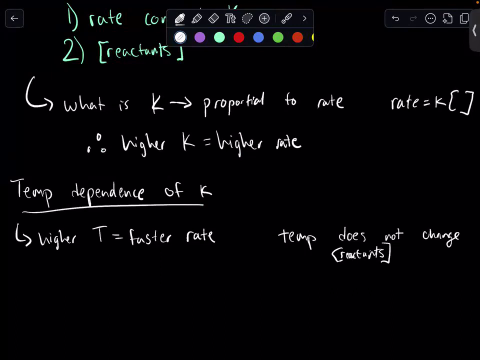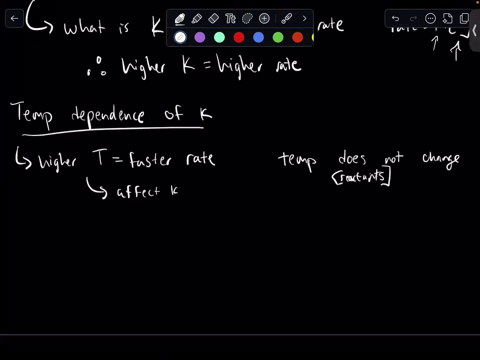So we know again that temperature must affect K. Basically, what I'm saying is if temperature doesn't affect this part of our rate equation, it must affect that part of our rate equation. So this happens in two ways.